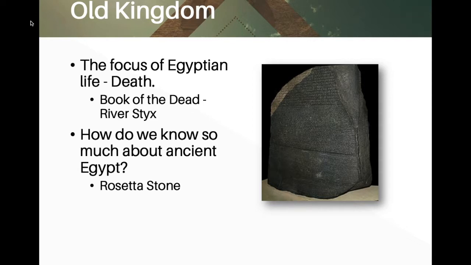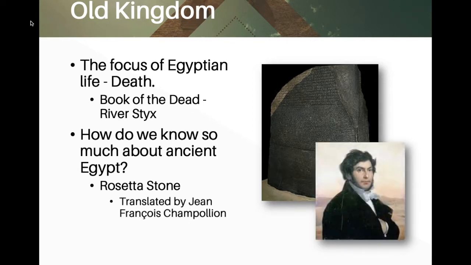Even though it was 3 different scripts, it was 2 languages, and it was translated by this guy with his hand in his coat, Jean-Francois Champollion. I think I said that right. Champollion. I'm not French and I don't speak French, so I'll do the best I can. Champollion. He was the man who deciphered the hieroglyphs in 1822, so early 19th century.